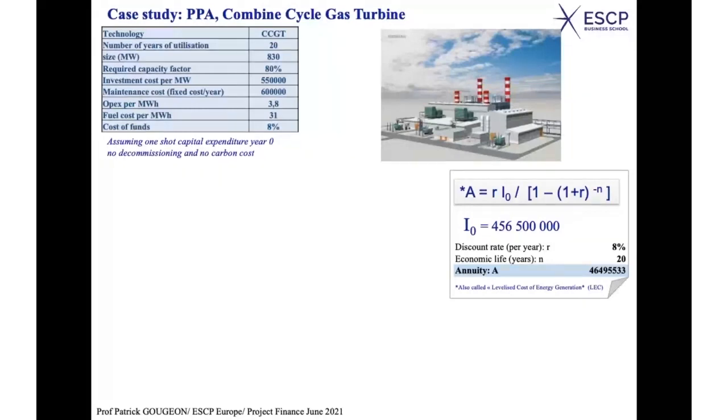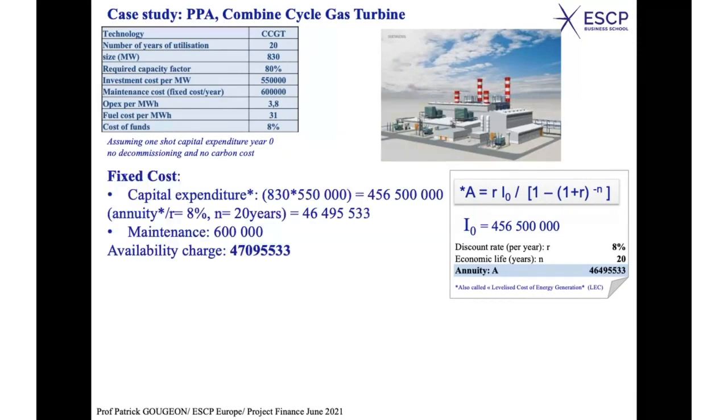Well, what is the amount to be invested? The amount to be invested, the capital expenditure, is 456,500,000. Why? Just because we need to spend 550,000 per megawatt, and the plant corresponds to 830 megawatt. So this is the capital expenditure.